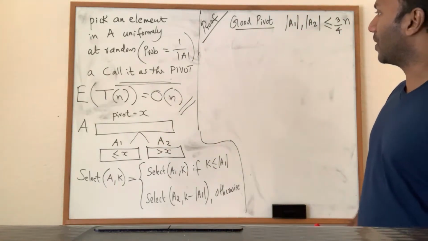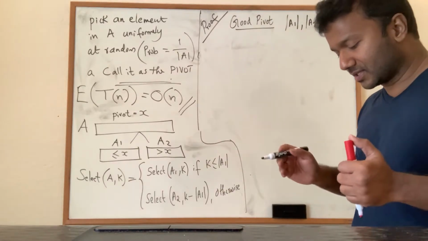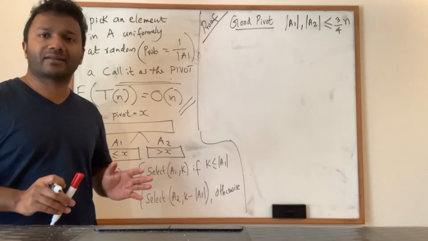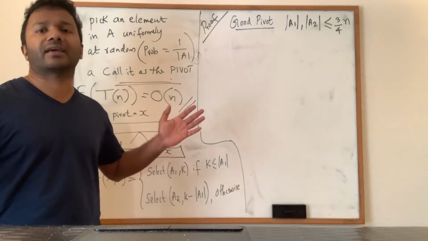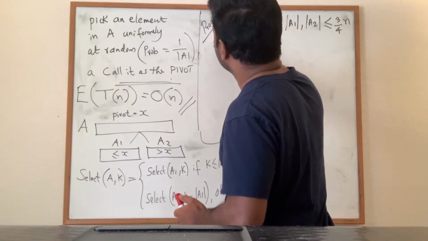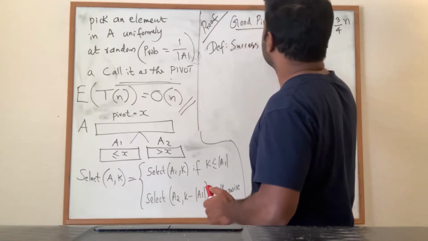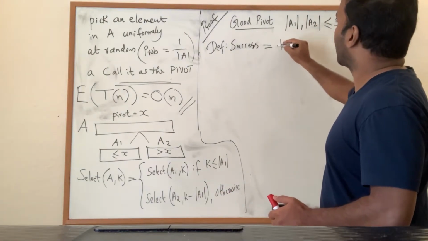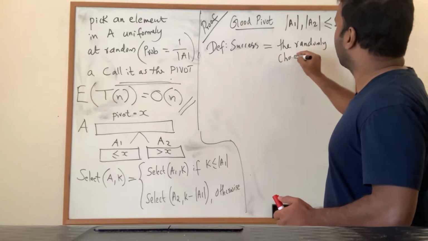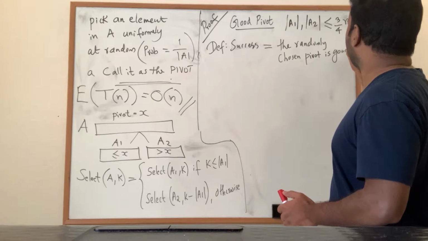Okay, so now what I want to ask is the following question. And another thing I'm going to say is this. If the randomly chosen pivot is a good pivot, then I will call it a success. So the definition of success is the following: the randomly chosen pivot is good.